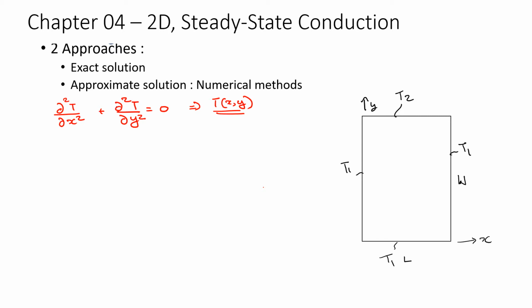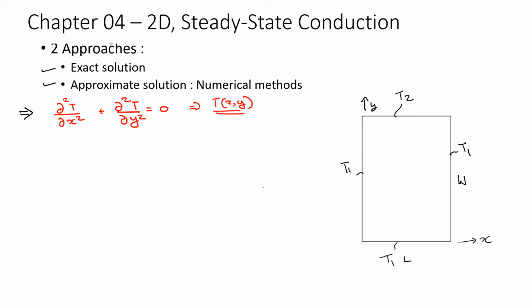Now to solve this equation, there are two approaches based on how complex your problem is or what you know. The first approach is that your equation may have an exact solution, and you may be able to solve for it and then find the temperature distribution in that particular object or field of interest. The second approach is finding an approximate solution using numerical methods.